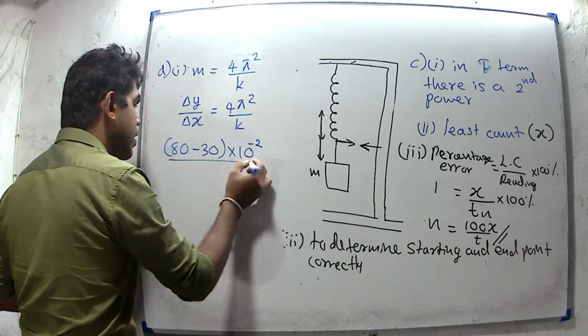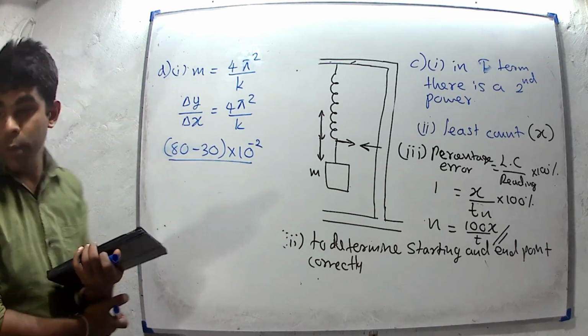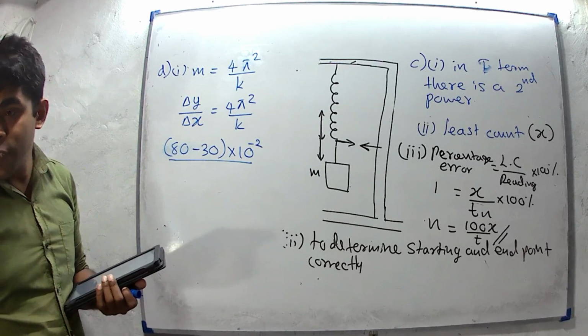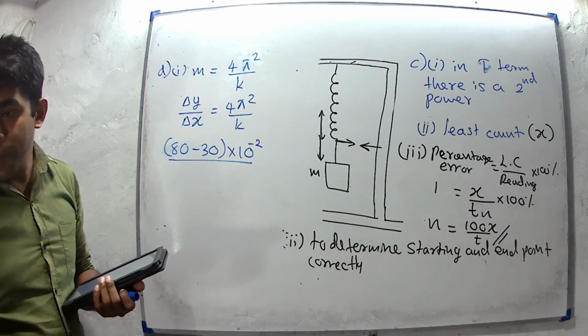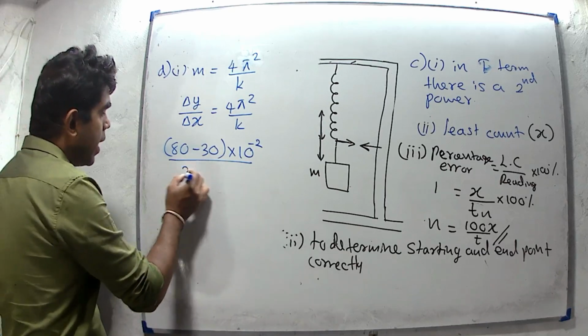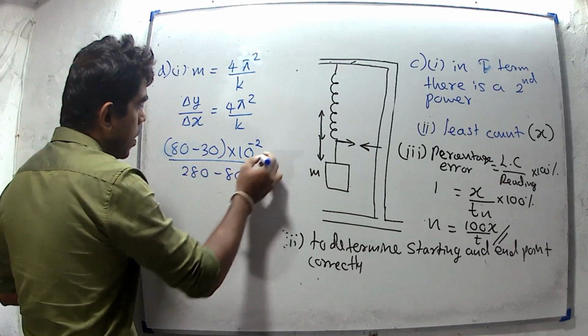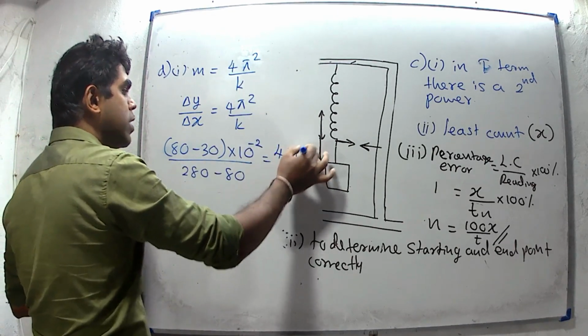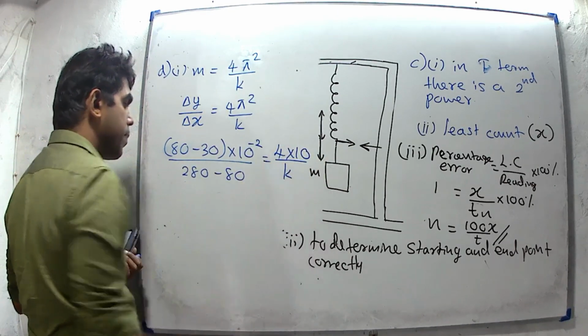In the y-axis there is a power, 10 to the power minus 2. Divide by the difference of x values, 280 minus 80. 280 minus 80 equals 200. They have given that pi squared value is 10, divided by k.